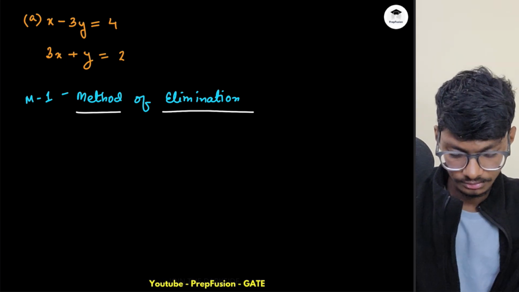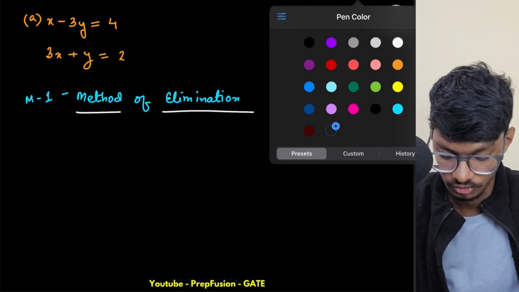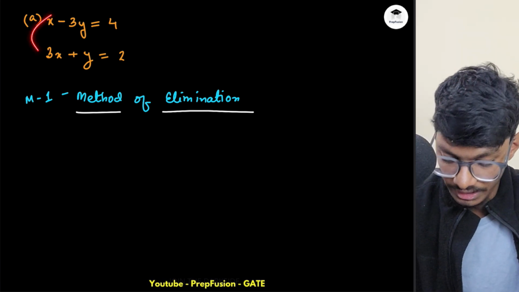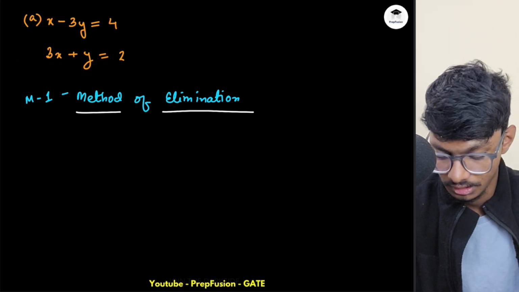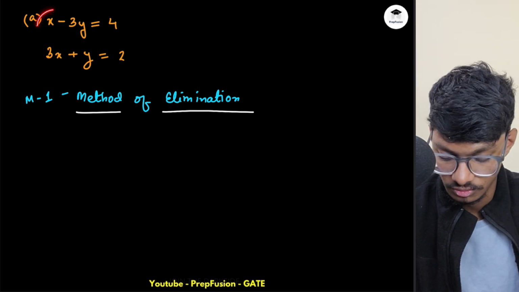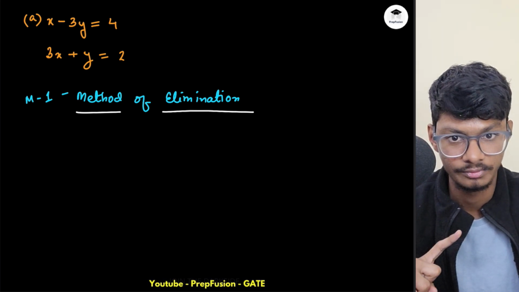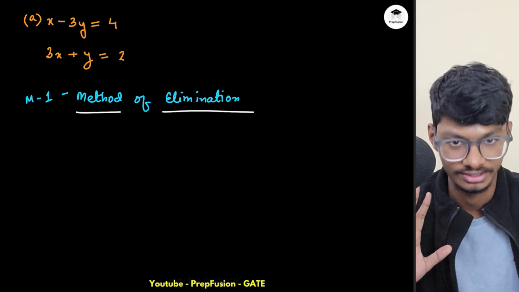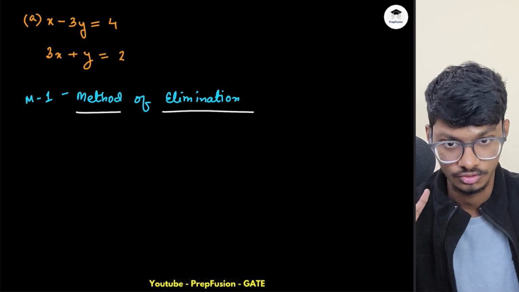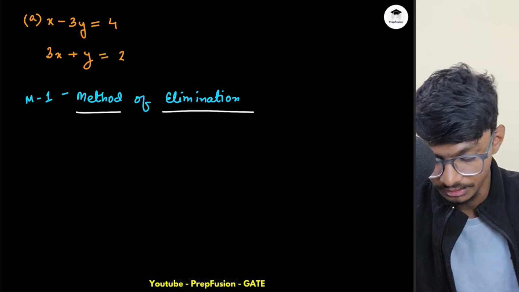What do we do in the method of elimination? Basically, we eliminate one of the unknown variables. We first try to make the coefficients of this variable the same, then we subtract, and then only another variable will remain, and through that we will be able to find the solution for that particular variable. Then I will put that solution in one of these equations, and I will find the solution for the other one. So let's just do it.